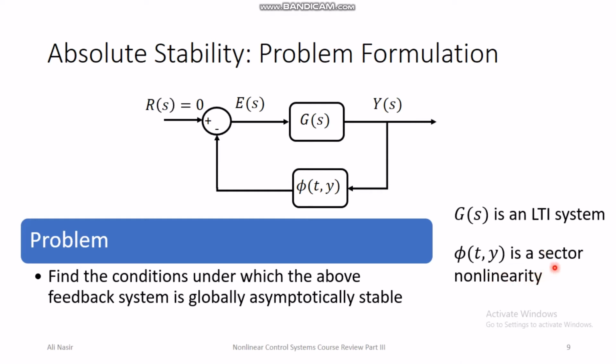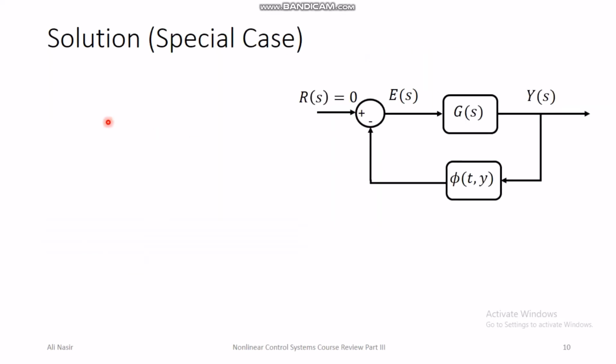If you want to know what a sector nonlinearity is, you have to go back to the original lecture on absolute stability theory, but here I will briefly say that a sector nonlinearity is a nonlinear function that can be enclosed in a sector which includes the origin. In the presence of a sector nonlinearity in feedback, what are the conditions under which this feedback system is globally asymptotically stable?